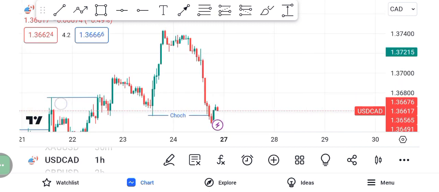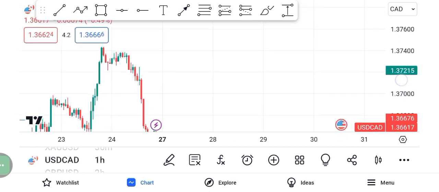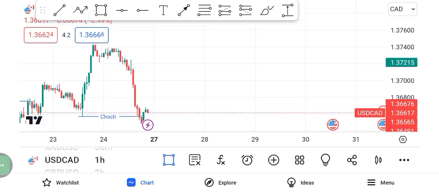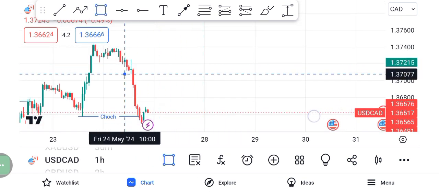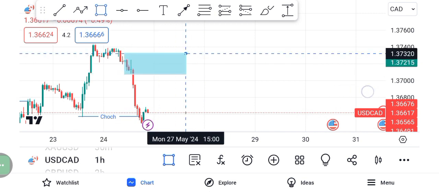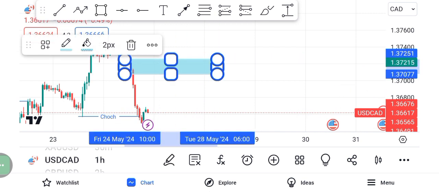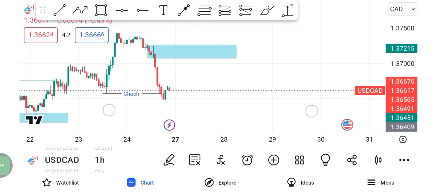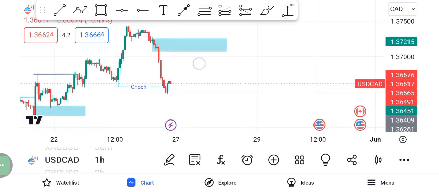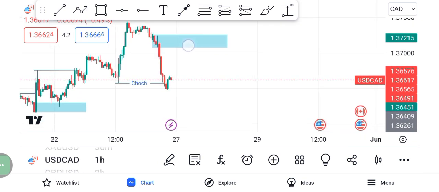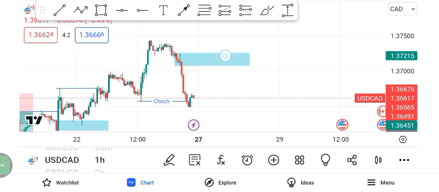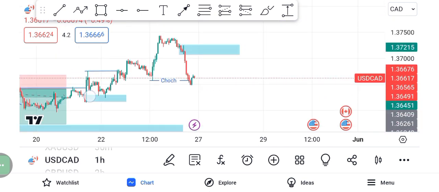Now we expect a pullback to an institutional reference point, which is this other block up here. When price gets into this other block, that's where I'll be taking my sales from on USDCAD for this week.